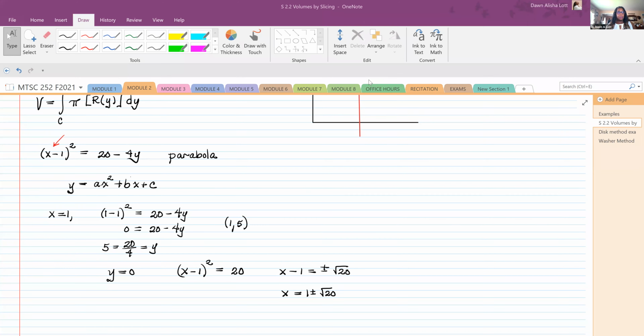Okay, my picture of this thing is an upside down parabola, and it looks like this.